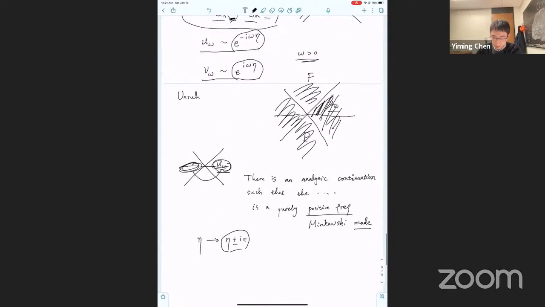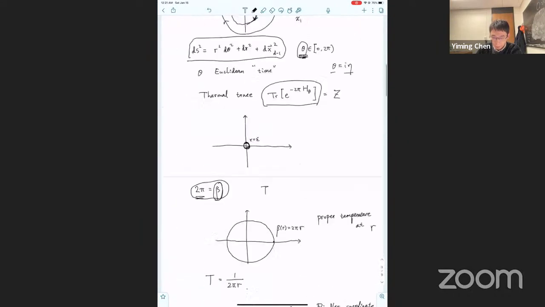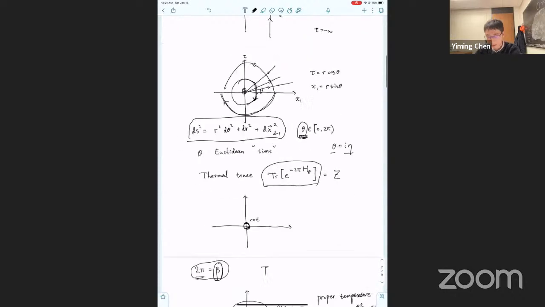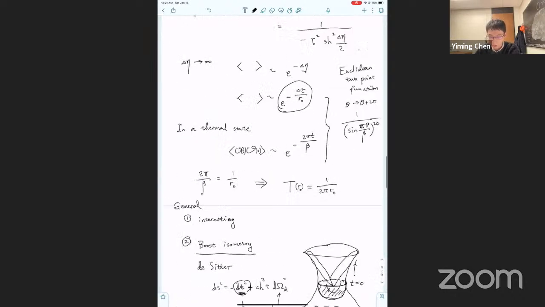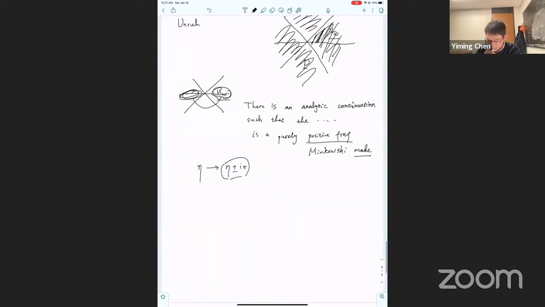If we go back to the Euclidean picture, that essentially boils down to going either in the lower half plane or in the upper half plane. Which one should we use? The important observation that Unruh pointed out is that there is an analytic continuation such that it gives a purely positive frequency Minkowski mode.